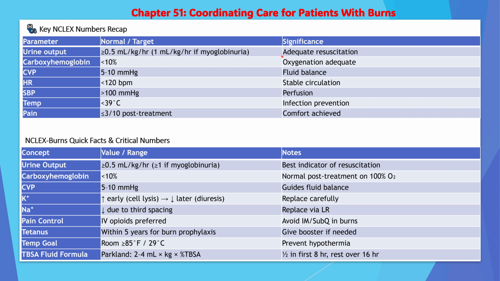Here there are some parameters and their significance, and here there are some little notes for this value range concept. So here, for instance, potassium increases due to early cell lysis, which will lead later to diuresis, so replace carefully. Sodium decreases due to third spacing, replace via LR.